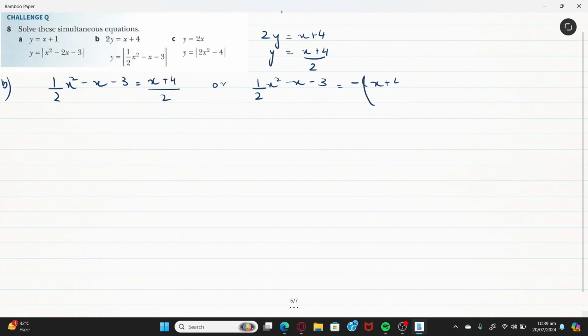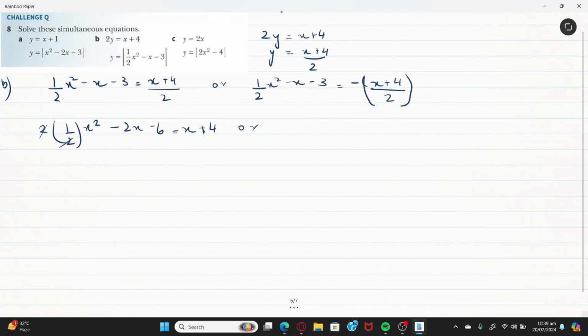So again, simplify this. The 2, when it goes here, is going to multiply with 1 upon 2. So 2 multiplied by 1 upon 2 x squared, these are going to cancel, essentially giving us x squared minus 2x minus 3 multiplied by 2, which is negative 6, is equal to x plus 4, or again it's going to be negative x minus 4.